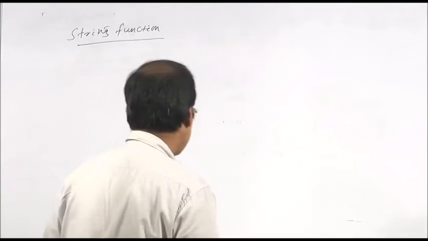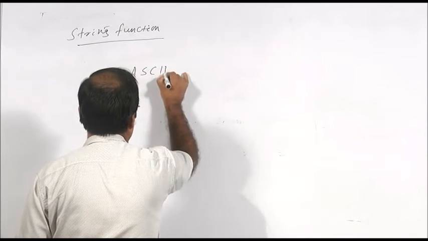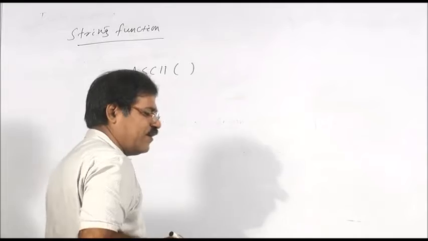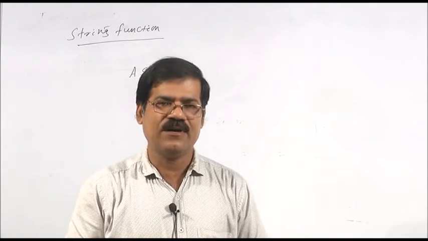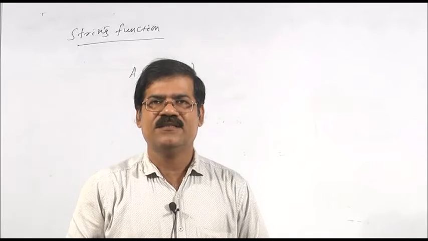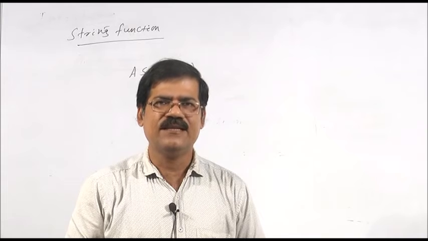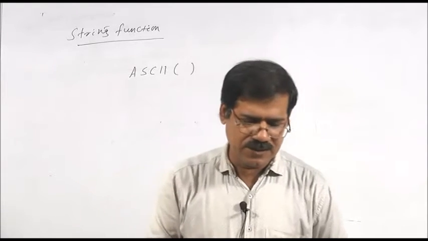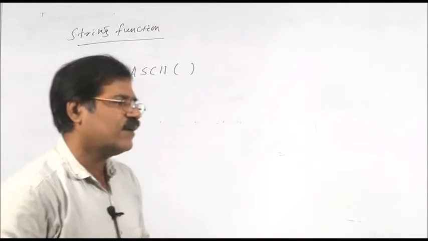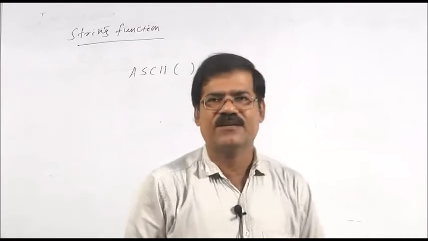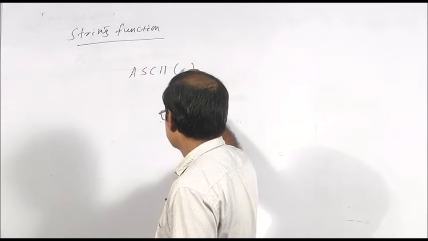The first function is ASCII. So what will it return? It will return the ASCII value of a particular number or character. Suppose capital A is 65, or whatever the value may be. You already know the ASCII value from your programming language. So for every character or number, its equivalent ASCII value will be returned.